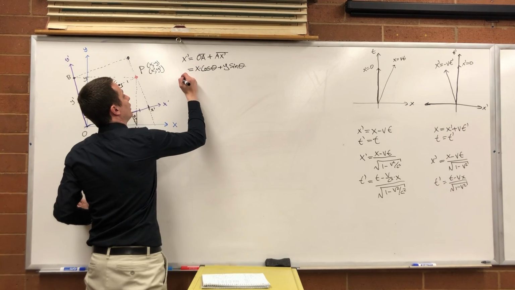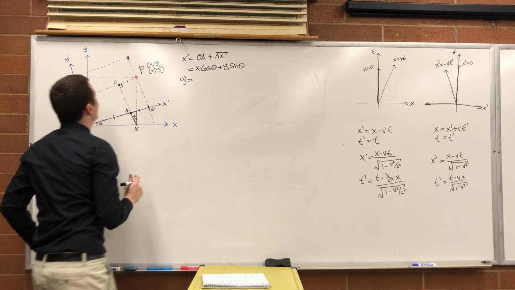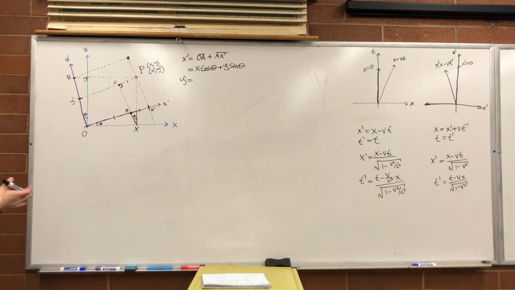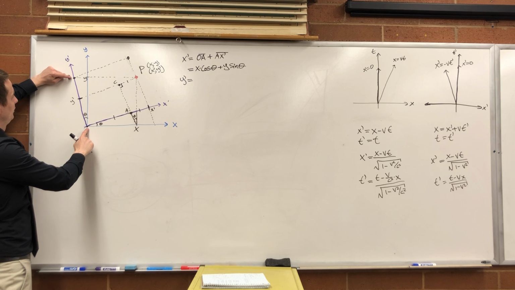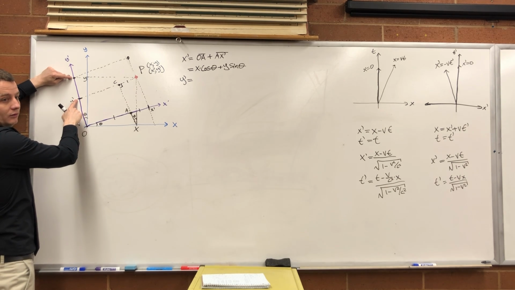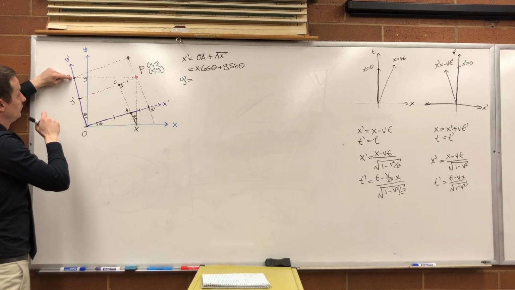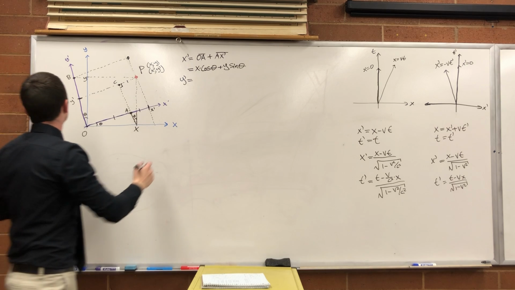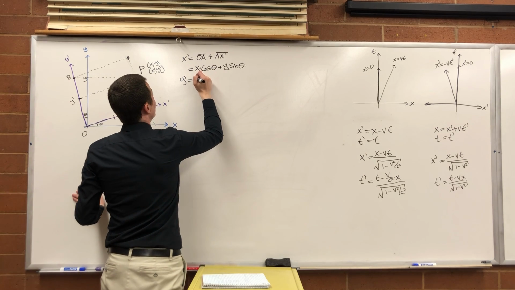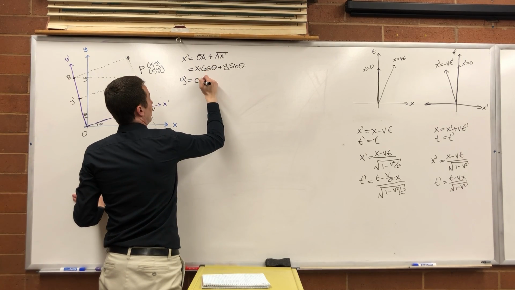All right, so now let's look for y prime. y prime is going to be this distance minus this distance. So O to B minus B to y prime, I think is the way we're going to want to do it.